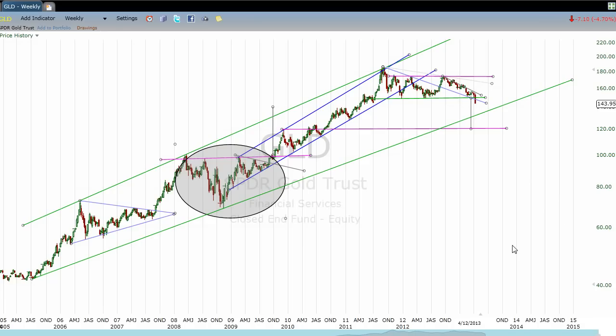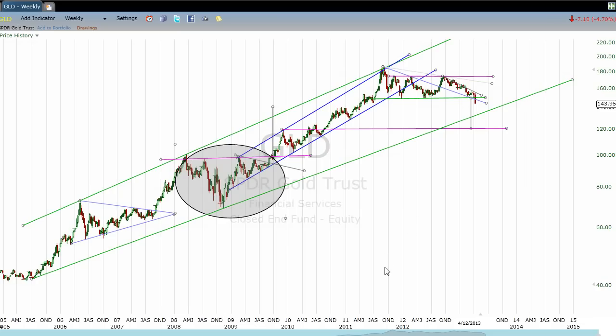First thing I want to show you, gold. The gold chart is marked by some long-term trend lines that are interesting because we see them in this broadening channel. You don't see that a whole bunch. It's very typical to see a rising channel that might get a little bit narrower as we get to the top.